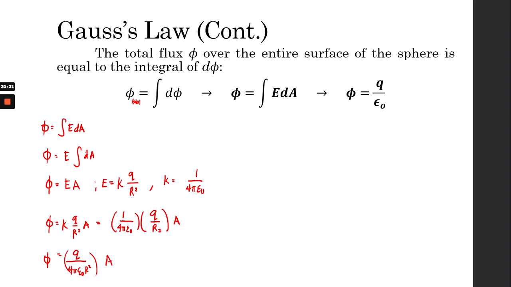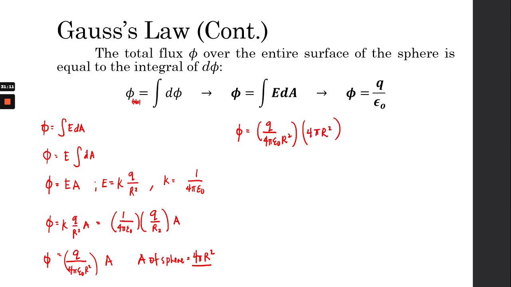Next, what I want you to know is we are dealing with a sphere here, and the area of a sphere is equal to 4 pi r squared. Then we are going to substitute the value of our A onto our phi equation. So phi is equal to Q over 4 pi epsilon naught r squared multiplied by the area of a sphere, which is 4 pi r squared.